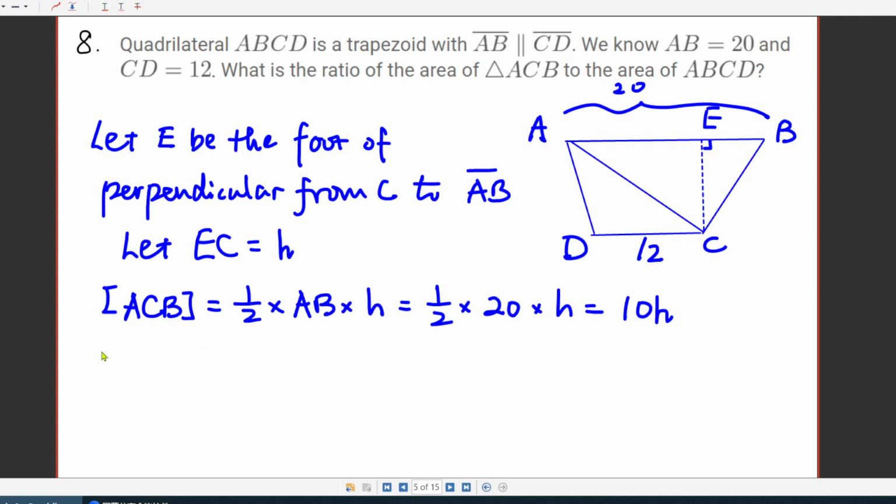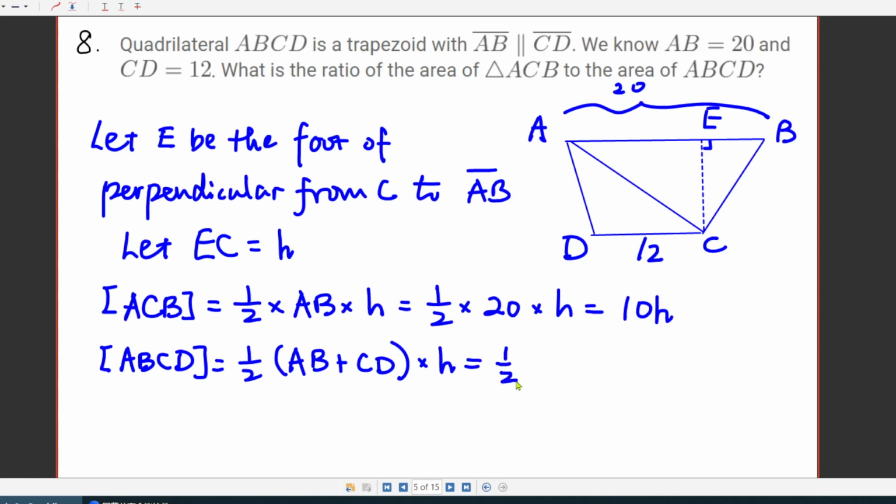And on the other hand, we know the area of the trapezoid ABCD is 1/2 of the first base plus the second base times the altitude H, which is 1/2 of AB is 20 and CD is 12 times H, and this gives us 16H, right?